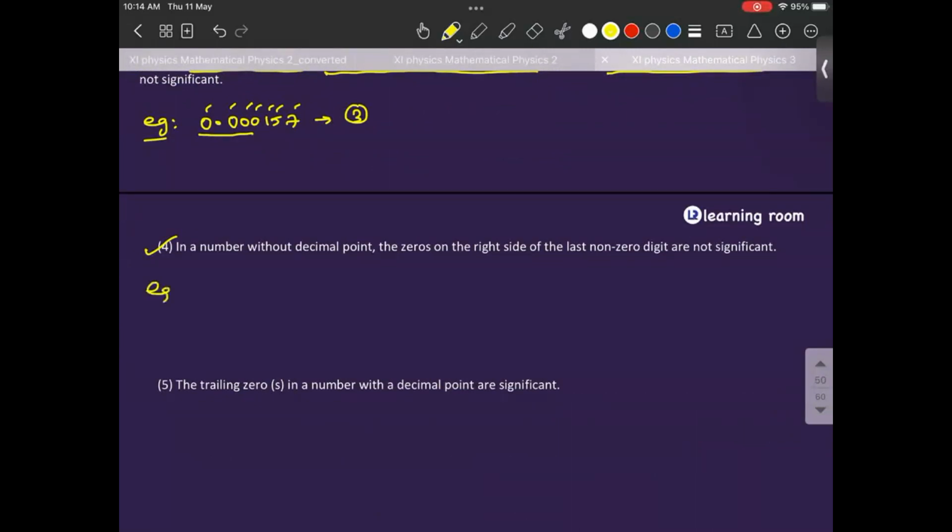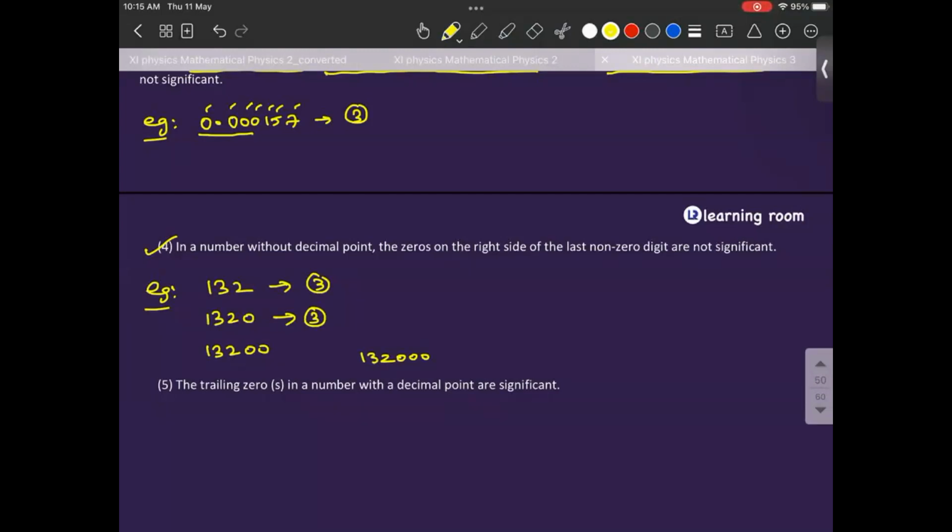For example, if I take 132, 1320, 13200, and 132000, in all these examples the number of significant figures is 3, because it is a non-decimal number. Any zero after the last non-zero digit is not significant.